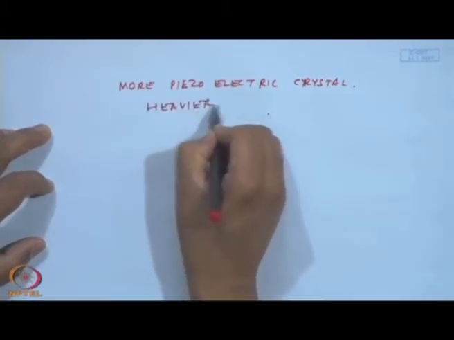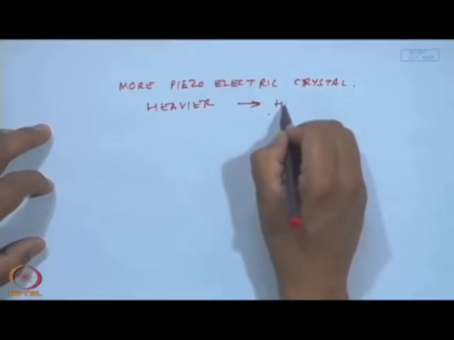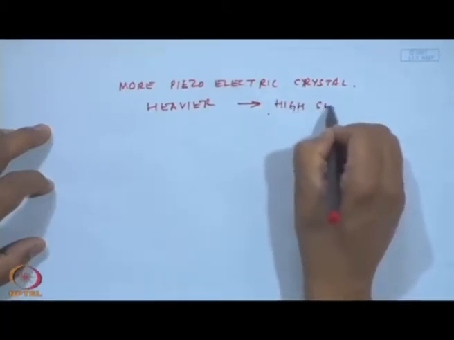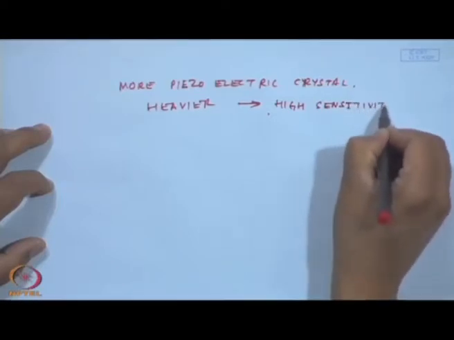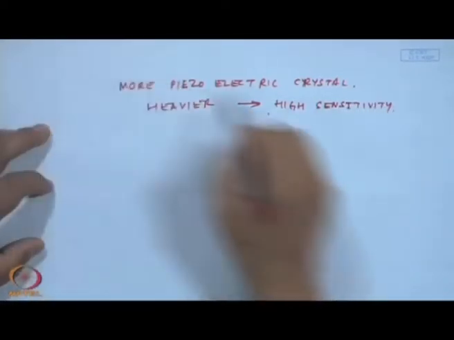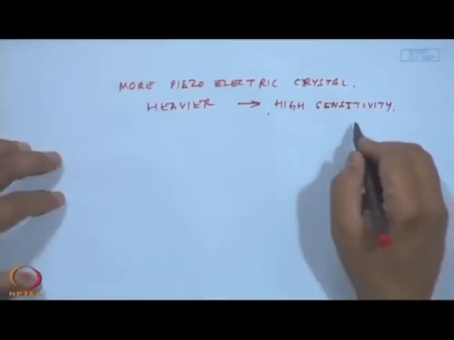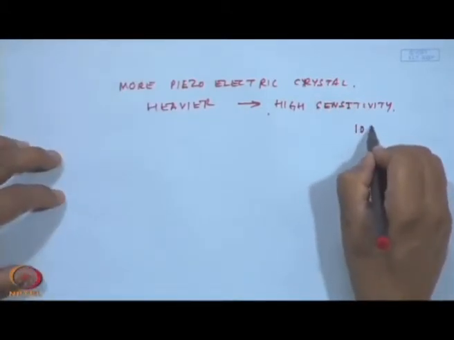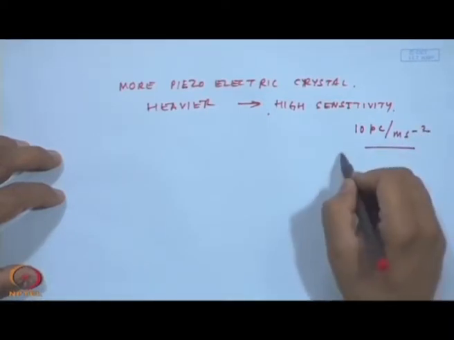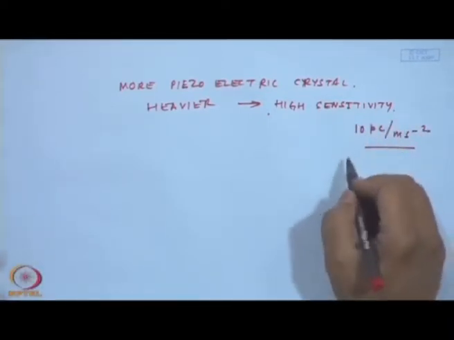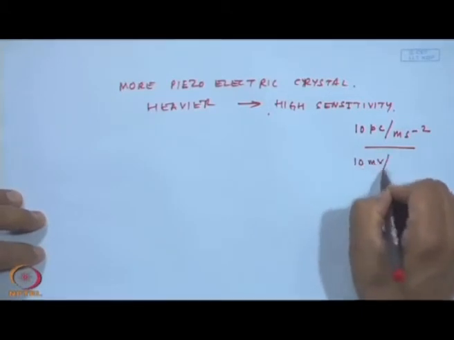So, heavier accelerometers will have high sensitivity. Typically, this kind of accelerometer which you see in the palm of somebody's hand is about 10 picocoulomb per meter per second square, and if you have the right type of voltage converter, this could be about 10 millivolts per meter per second square.